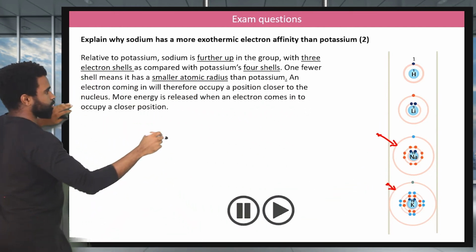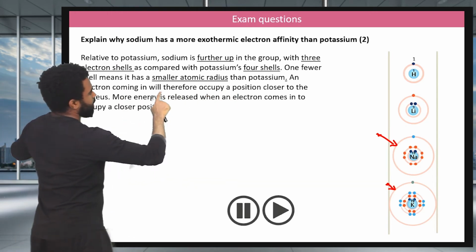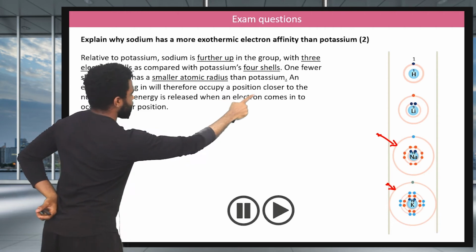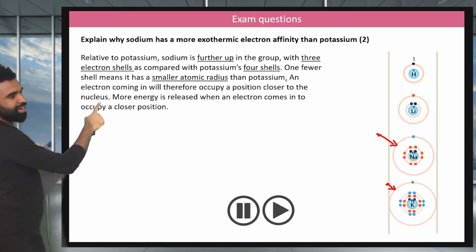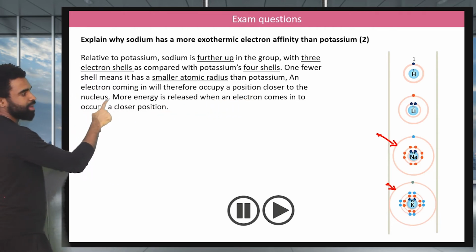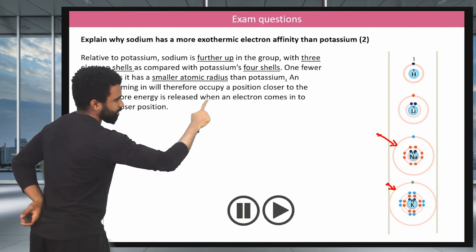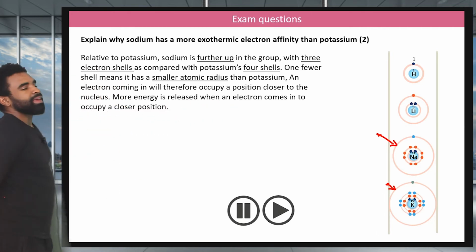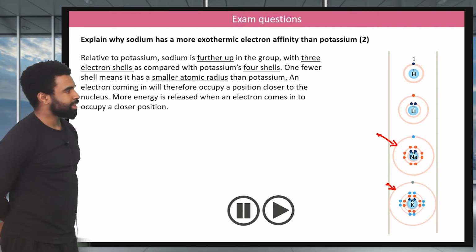Or more formally, an electron coming into sodium will occupy a position closer to the nucleus than an electron coming into potassium. And therefore, more energy is released, because more energy is released when an electron comes in to occupy a closer position.